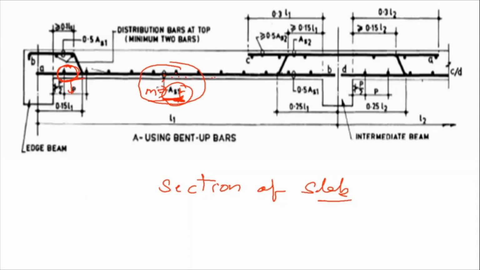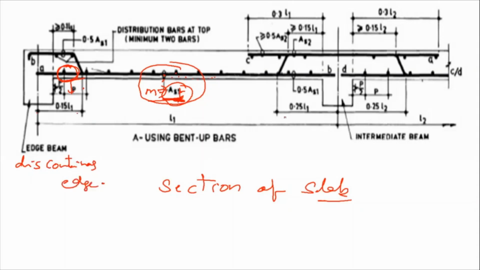So for that purpose, what the code is saying is that whatever positive reinforcement you have designed for the middle strip has to be extended up to a length of 0.15 L1, measured from the mid of the support, when it is a discontinuous edge.